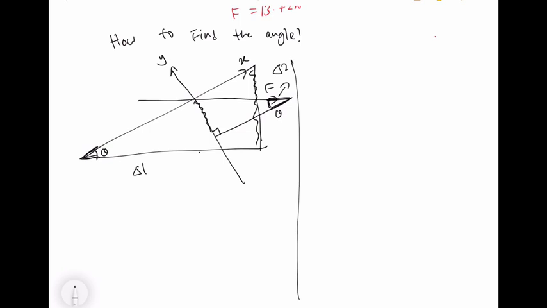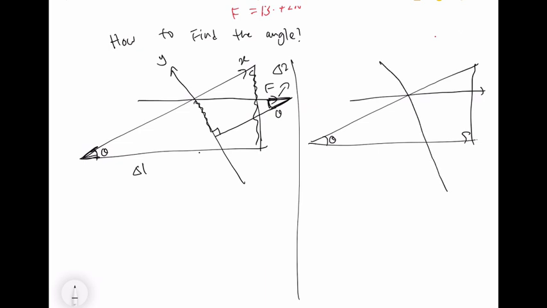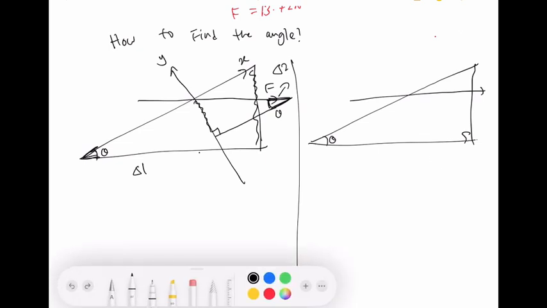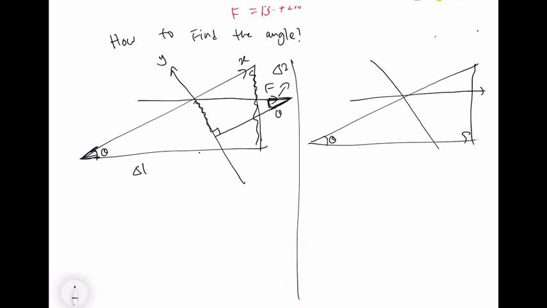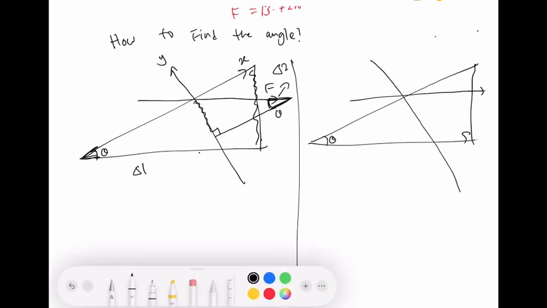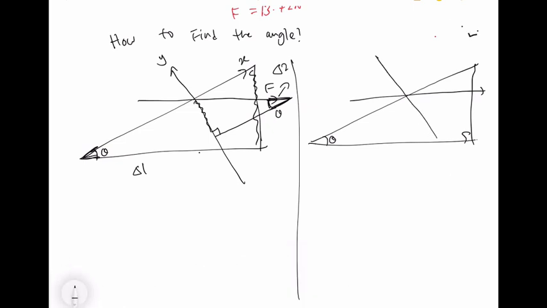But what if I do it the other way around? Let's draw the same triangle, and then draw this, and then this. That doesn't look nice, but okay, good enough.